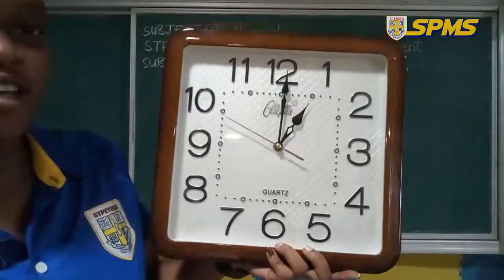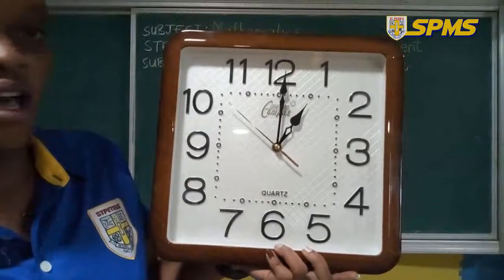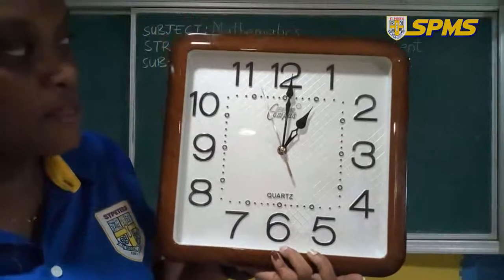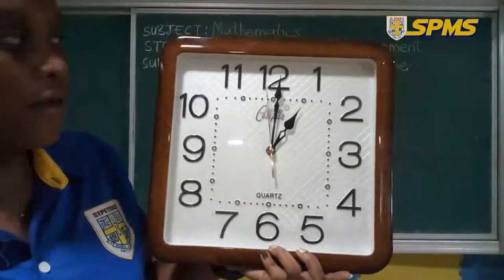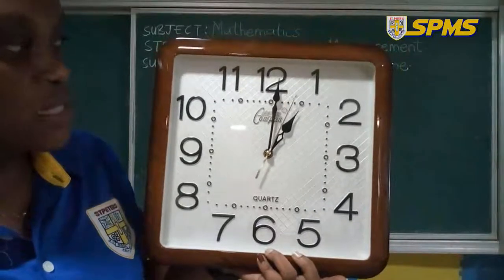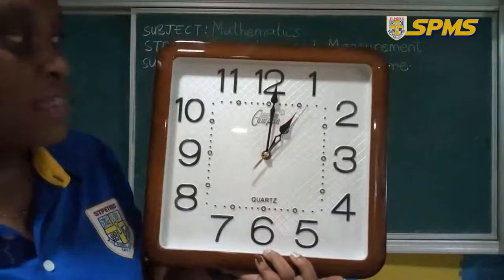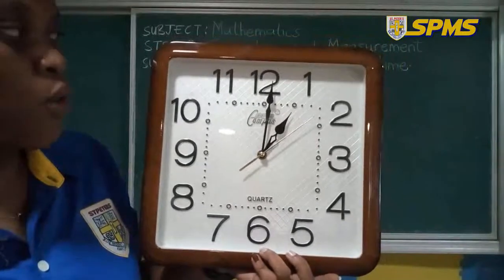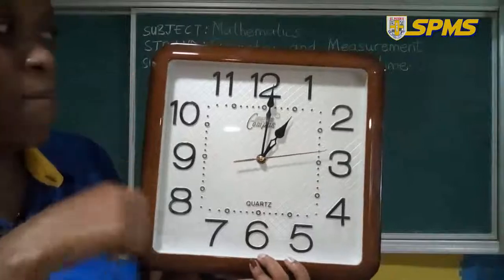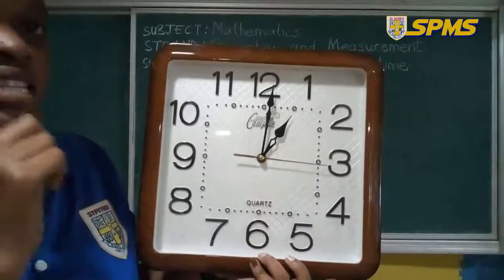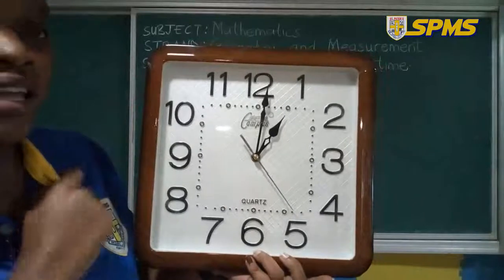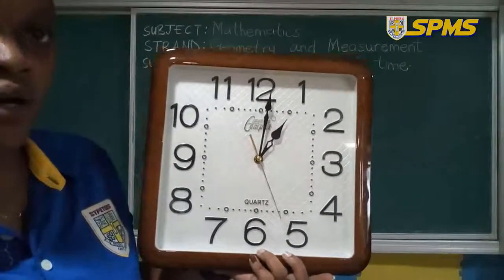Okay, children. Let us look at this analog clock. The time is 1 o'clock right now. In our previous lesson, we said that the minute hand needs to complete a journey, which is from 12 and then back to 12 to give us 60 minutes. So today we are looking at half of the clock.